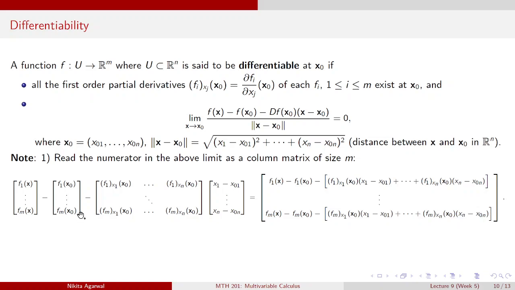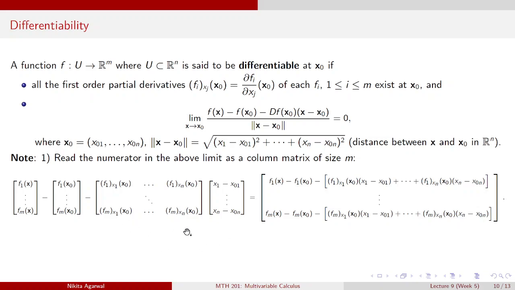Minus, as we noted on the previous slide, df(x naught) is this matrix, which is of size m by n. And then x minus x naught, you write it as a column. So x is x1 through xn, x naught is x naught 1 through x naught n. If you take the difference of these two points, you get coordinate-wise differences, right? So this is what you get.